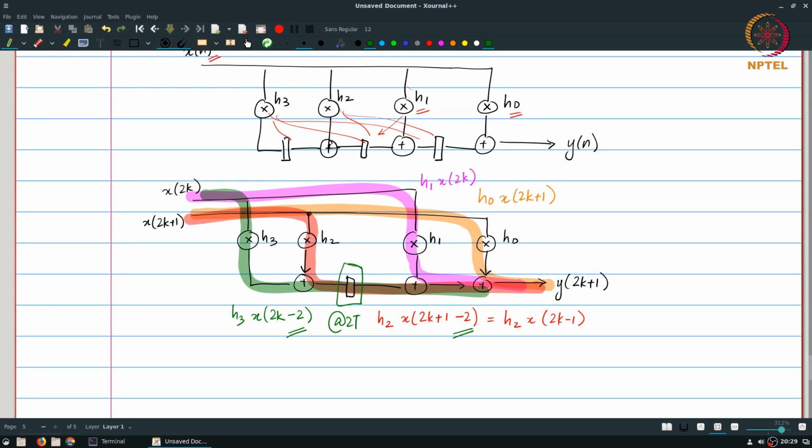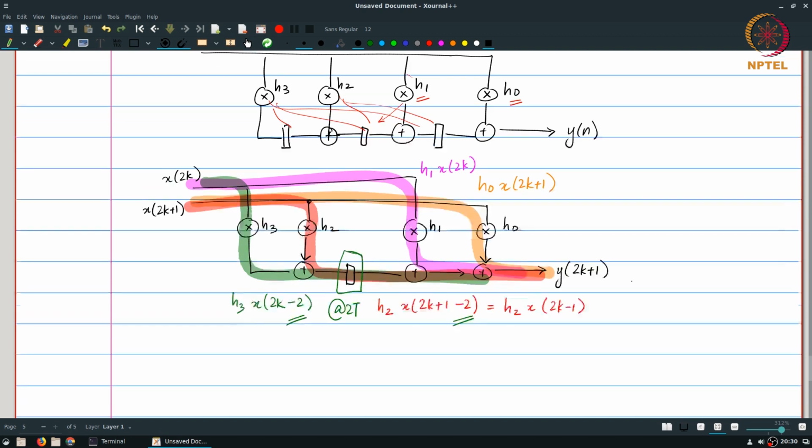Using this, you can verify that this structure actually implements the y of 2k plus 1, and similarly a similar set of additions can be used to create y of 2k. So what we have done is to take the input x of n and split it using a serial to parallel converter into two streams x of 2k and x of 2k plus 1. We finally obtain y of 2k plus 1 and similarly y of 2k, and we can merge them back together using a parallel to serial converter.